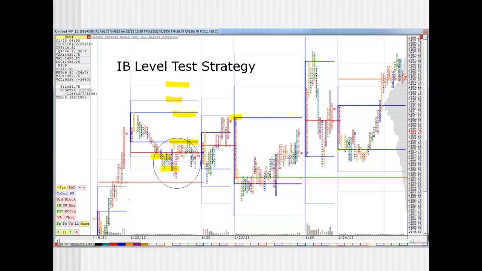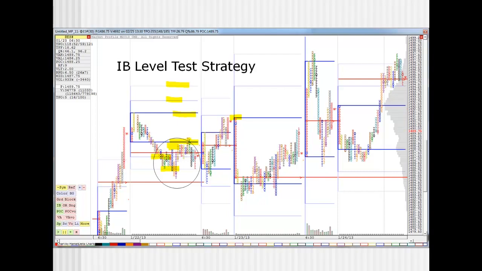So really, I am not going to go long until period Z actually takes out the high of this other failed test that occurred in period W. And if you take that long, and now your target would be the initial balance low down here, once you wait several periods, you will arrive at your target and take your profits.